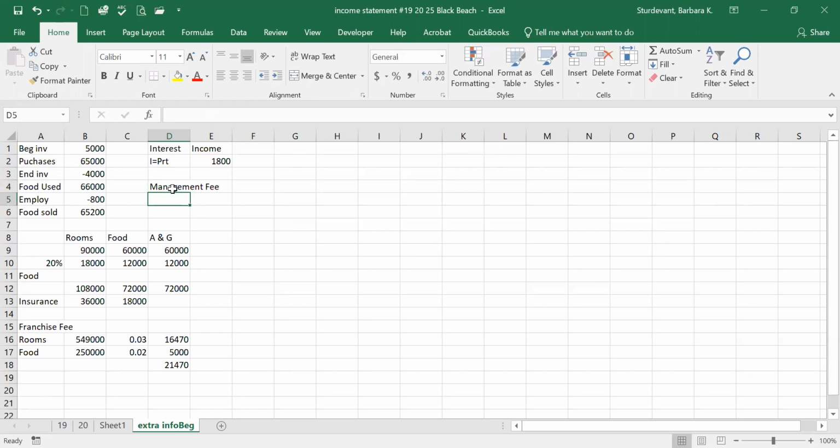And our management fee, they tell us, is 2% of room sales and 6% of our income before management fee and fixed charges. Whenever you see that written like that, that's your gross operating profit, same thing. So we gotta go get room sales, which were the 549, right? And it is 2%.